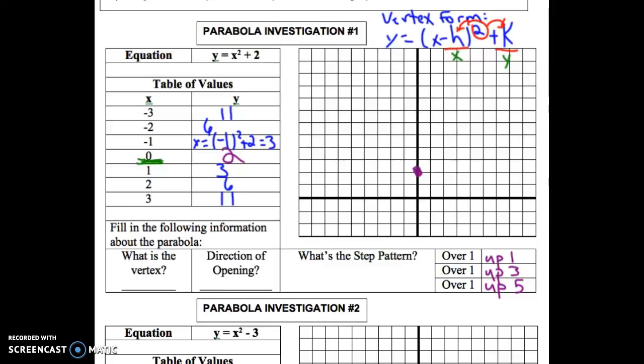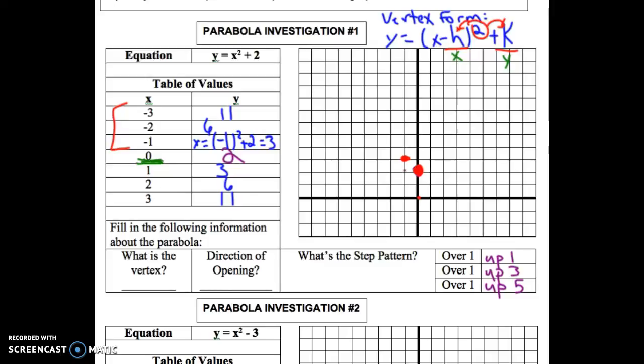So from the vertex, the purple dot that I pointed on the graph, let's plot the rest of the points. Negative 1, so over 1 from the vertex. Actually, the vertex is here. Let me backtrack. No, all these points here are in relation to the origin, 0 comma 0. It's still over 1, up 3.